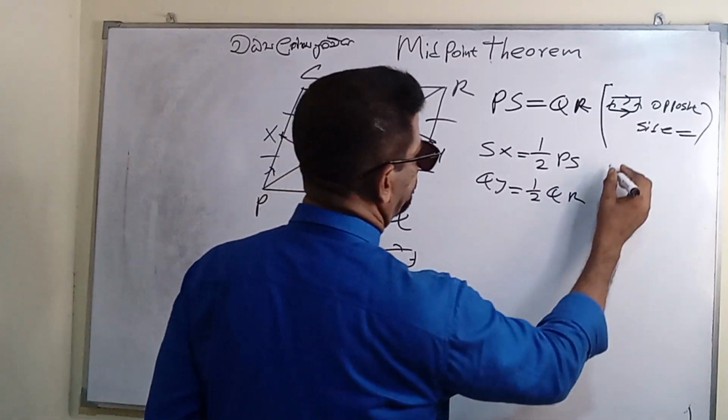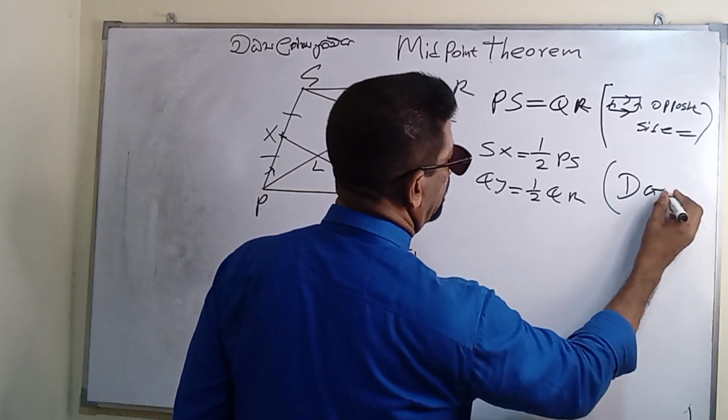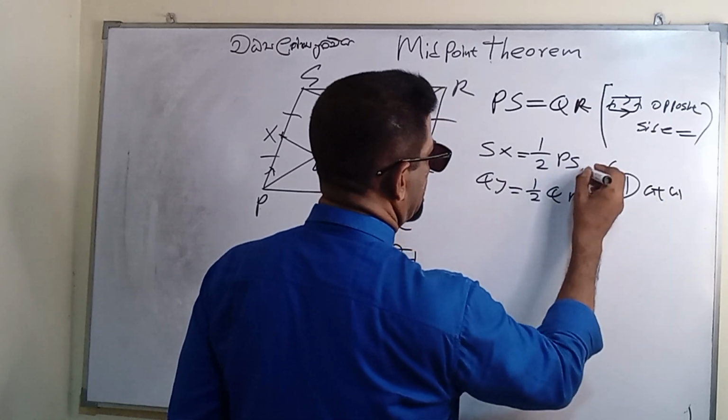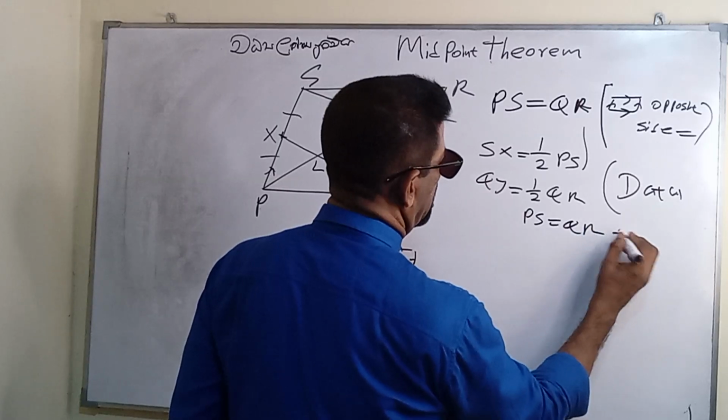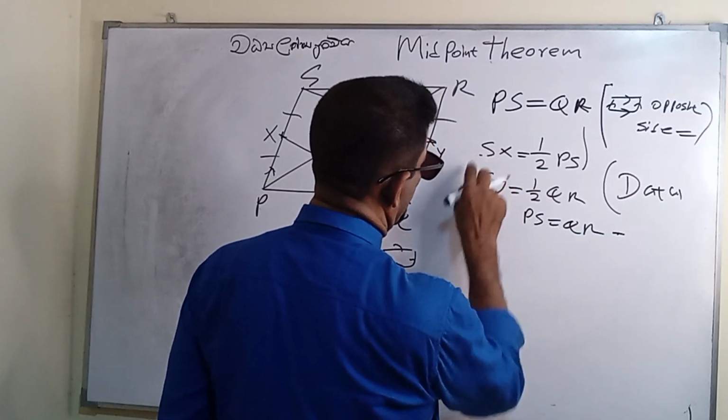This is given data. Since PS equals QR, we can take SX equals QY.